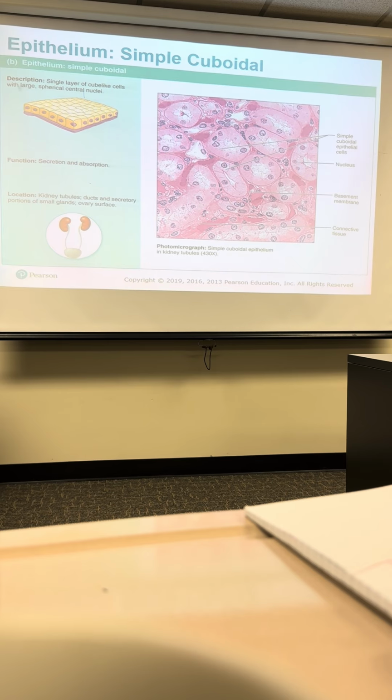So now let's talk about the cuboidal. How do we recognize the cuboidal? First of all, they should have cube-shaped cells. As you can see, the whole round structure right here has a layer of cube-shaped cells.